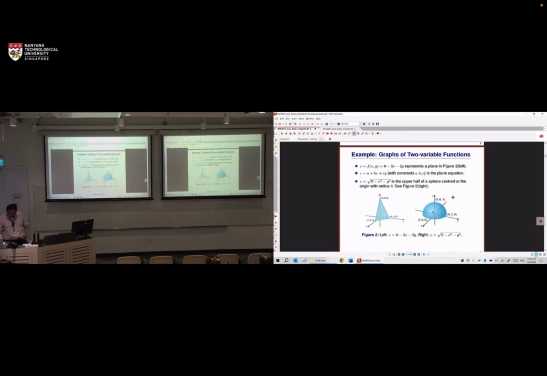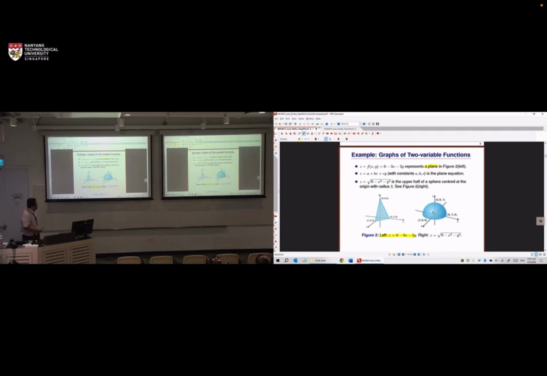This one is a bit of a lot of new knowledge. Graph of two variable function, z equal to f(x,y). You have 6 minus 3x minus 2y. For those of you who can't immediately identify, this is actually your plane. It's shown over here. Very easy to get the plane.